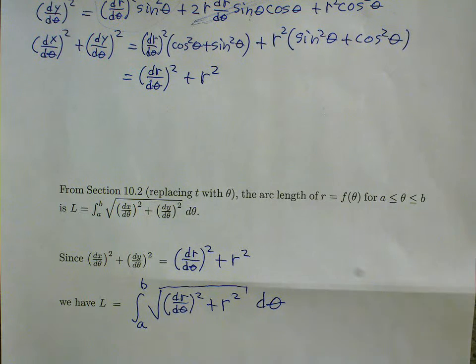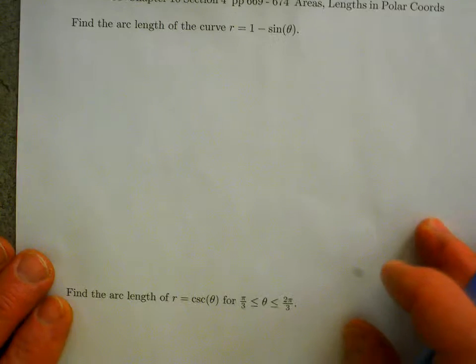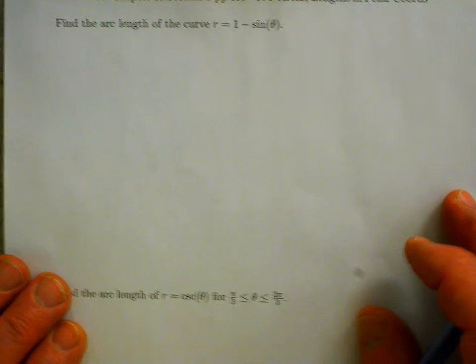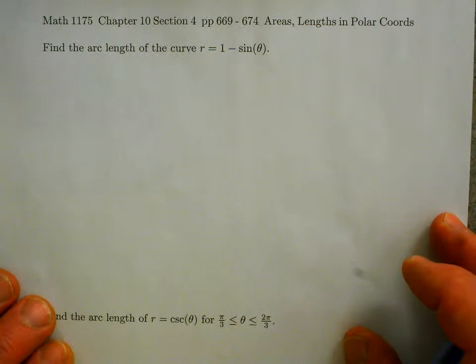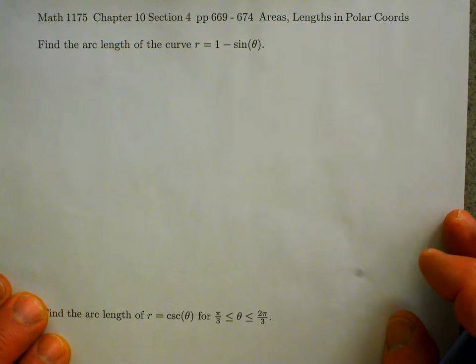We'll start working on the first arc length problem. This one says find the arc length of the curve r equals 1 minus sine of theta.